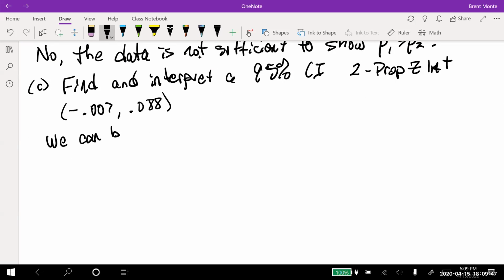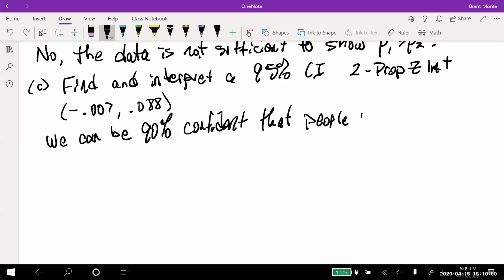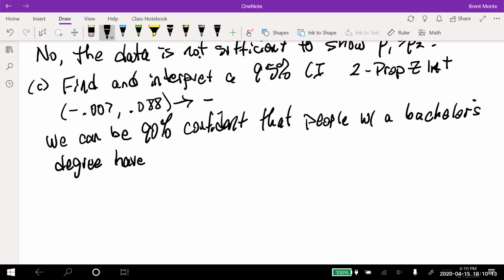We can be 90% confident that, and again, always state it in terms of the first population, that people with a bachelor's degree have between, here, let's change this. So that would be negative 0.7% to positive 8.8%.